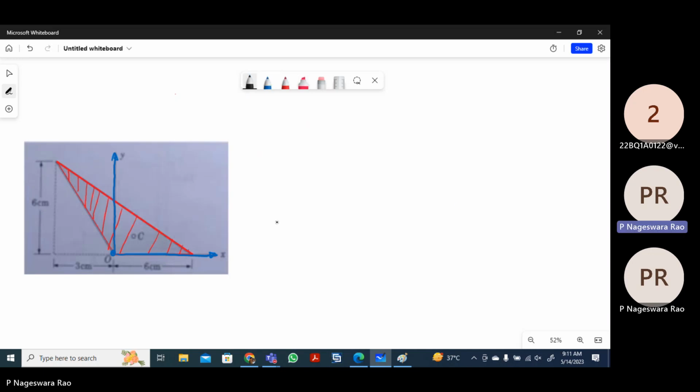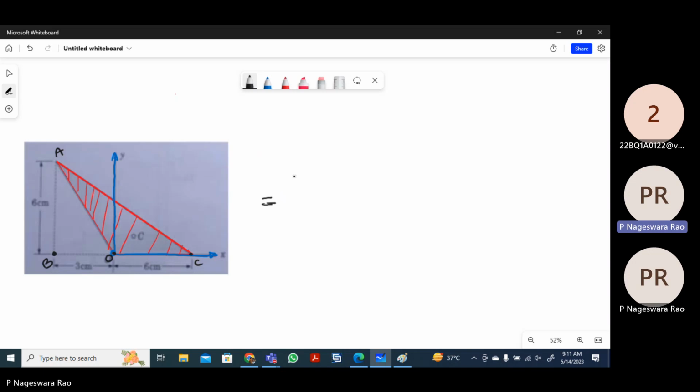So now I'm going to divide this area into two right angle triangles. First, let me give the names here. This is A, this is B, this point is O, and this point is C, so that you can understand.